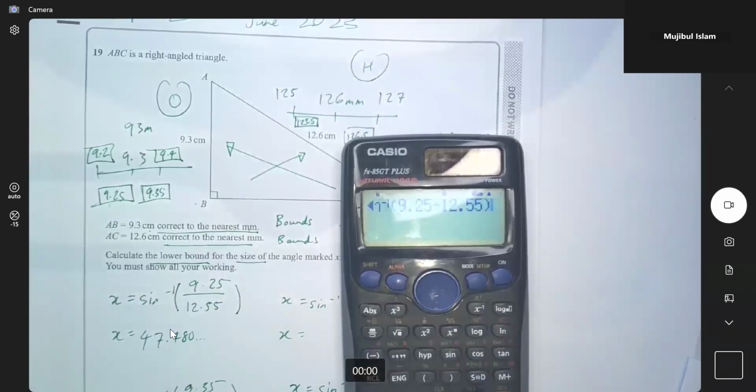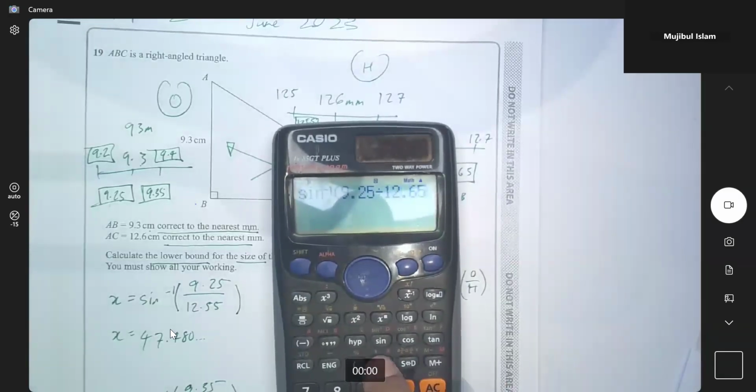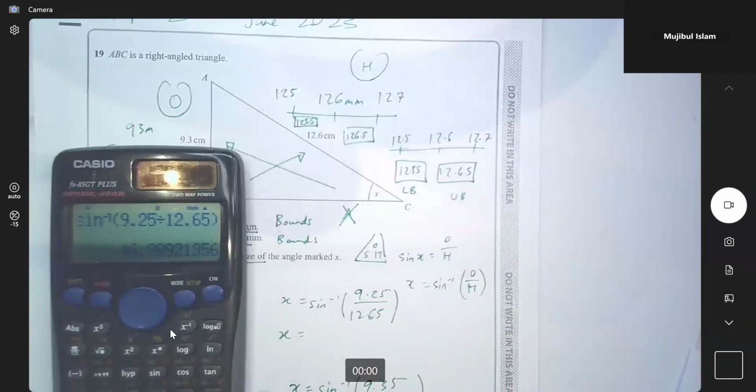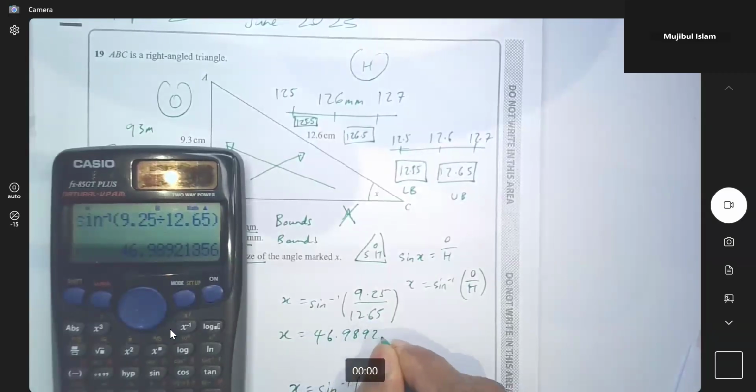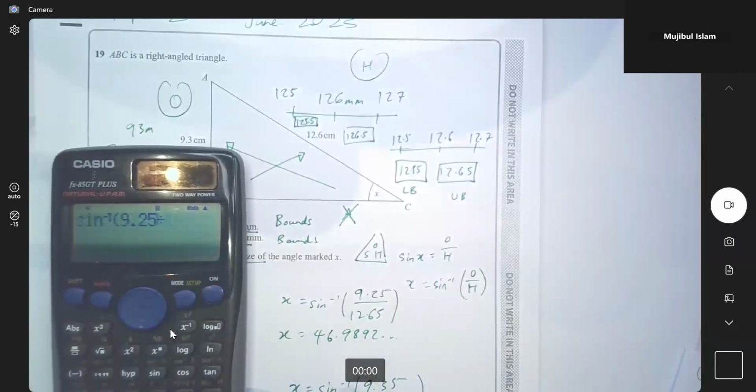I change my numbers: 9.25 divided by 12.65 gives me 46.9892.